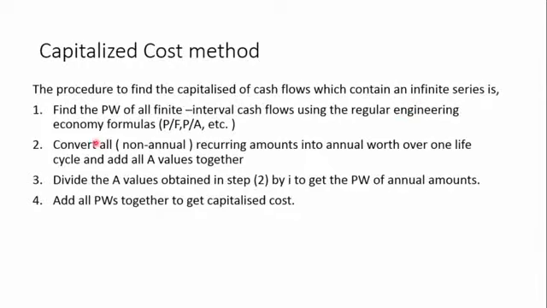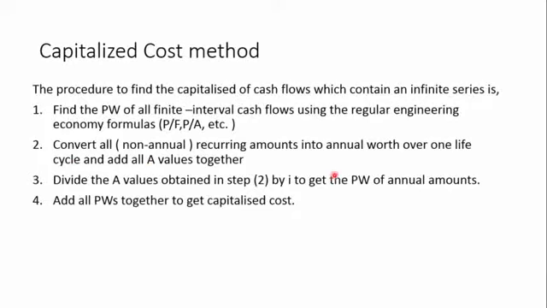Now the next step is to convert all non-annual recurring amounts into the annual worth over one life cycle and add all the values together. The remaining part is not in our hand, meaning we cannot state the exact life period or lifespan for that particular amount.